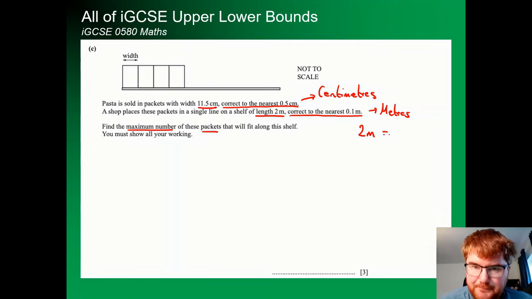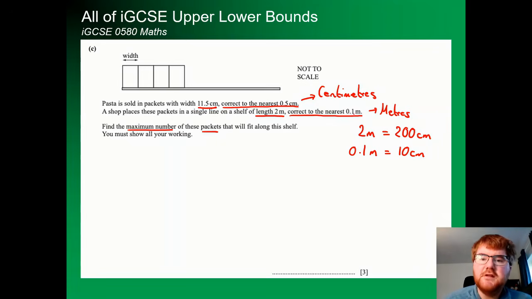So 2 meters is equal to 200 centimeters. That's important to realize. And 0.1 meters is just equal to 10 centimeters. So what the bottom is actually asking us is we have a shelf of 200 centimeters, correct to the nearest 10 centimeters. Now we've got everything in the same unit, we can start looking at this problem.